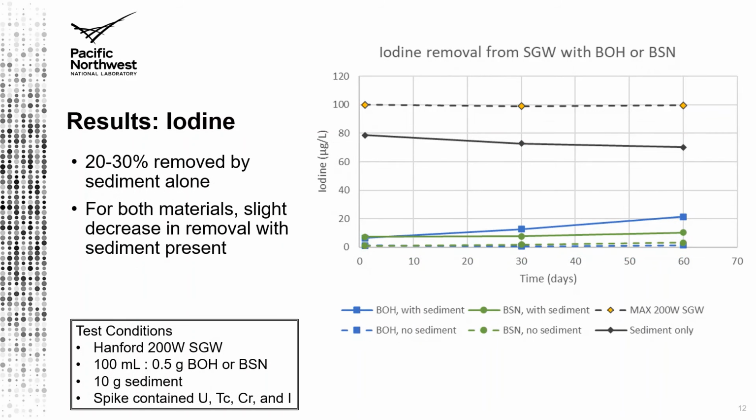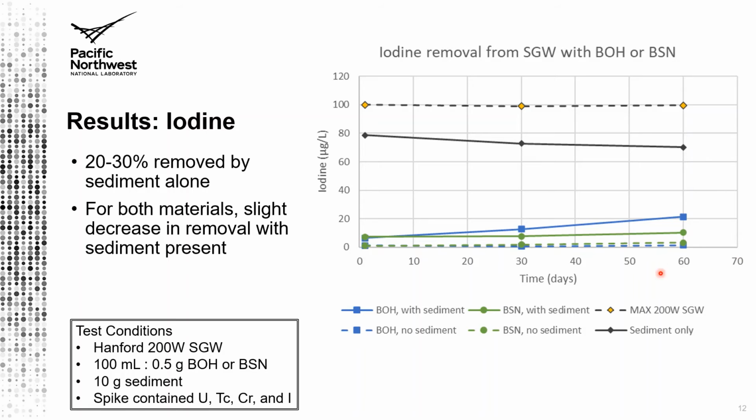Results for the iodine show that the sediment alone removed 20 to 30% of the iodine, shown by this black line here in comparison to the initial concentration shown by the dashed black line. The presence of sediment did, however, have a negative effect on the removal of iodine by the BOH and the BSN.